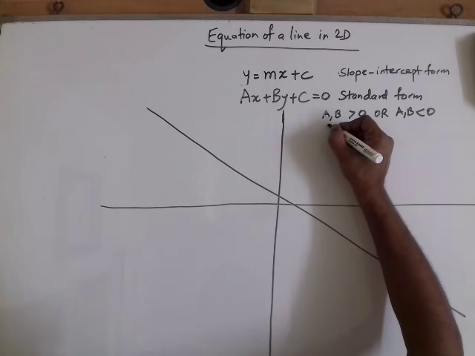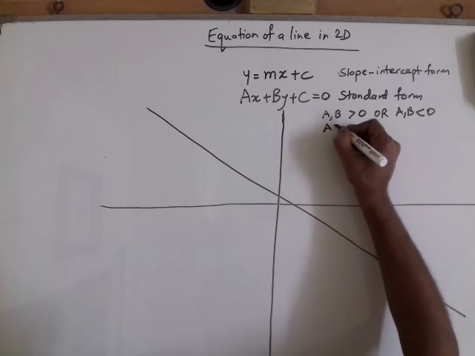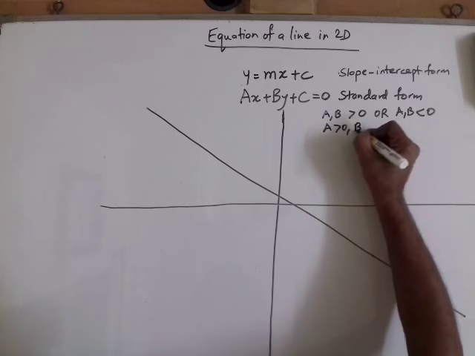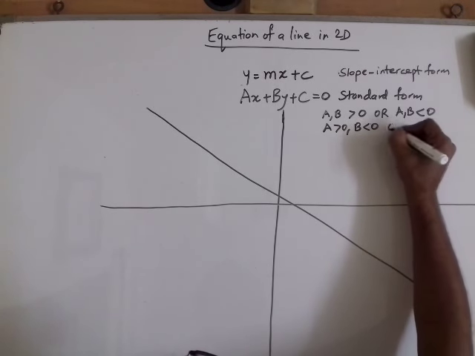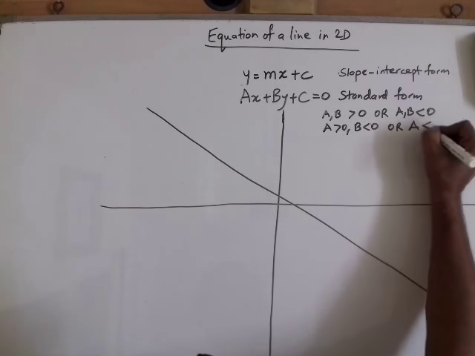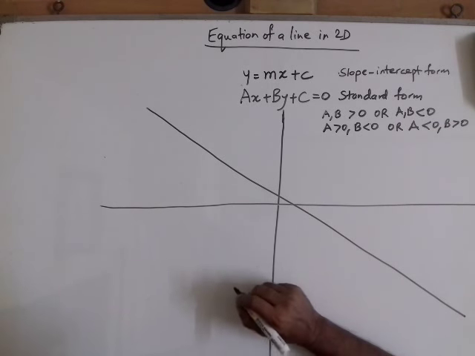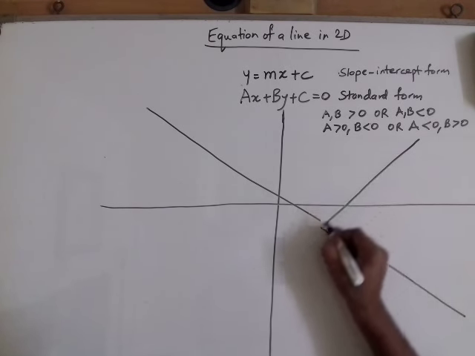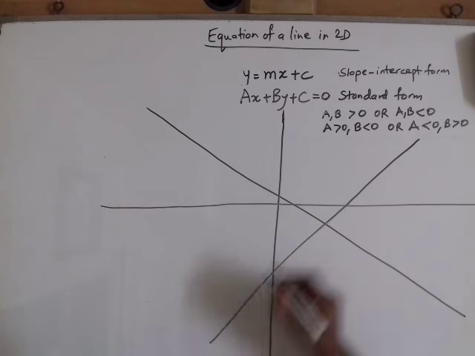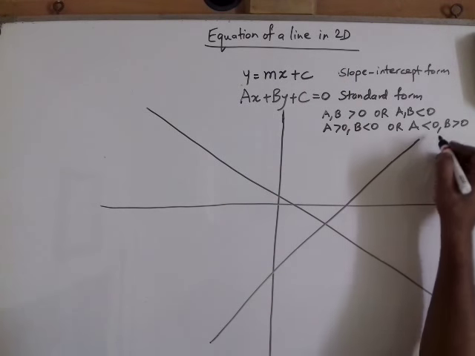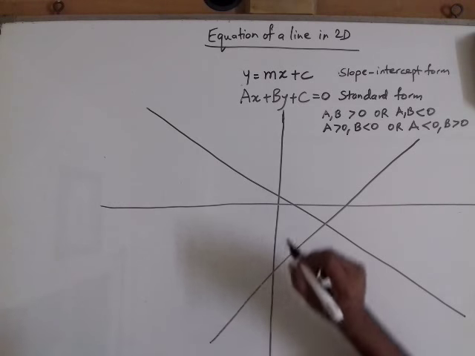If one of a, b is positive and the other is negative, then it is going to slope the other way. Like the m is positive way, right? It starts high on the right, slopes downwards towards the left.